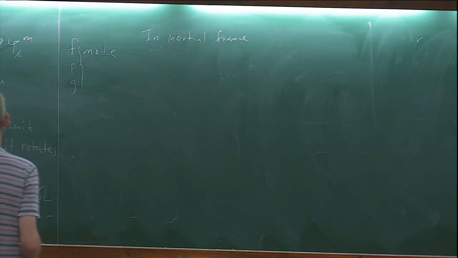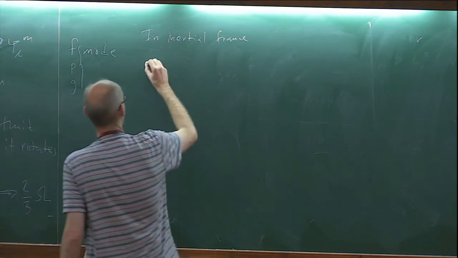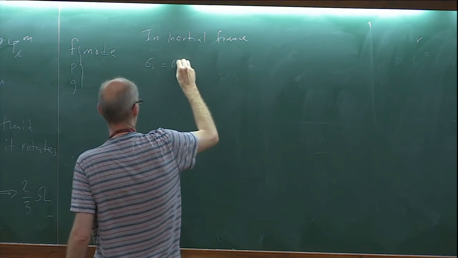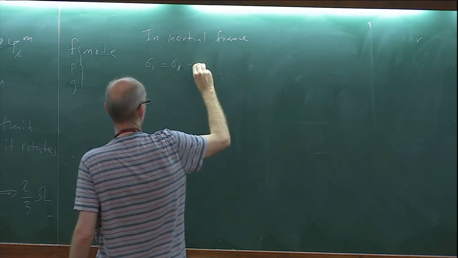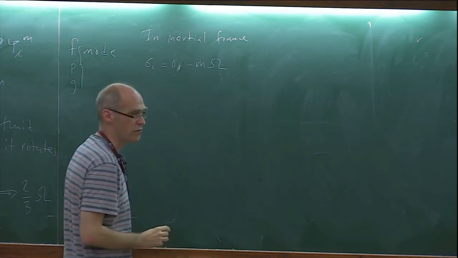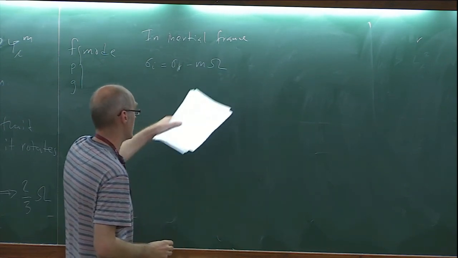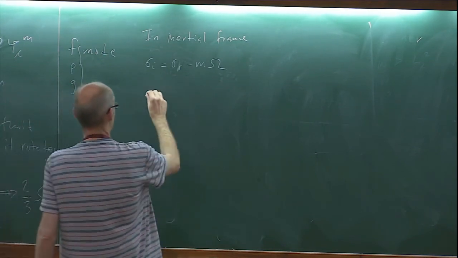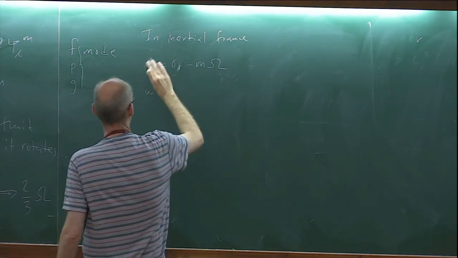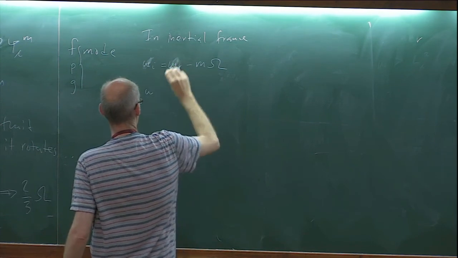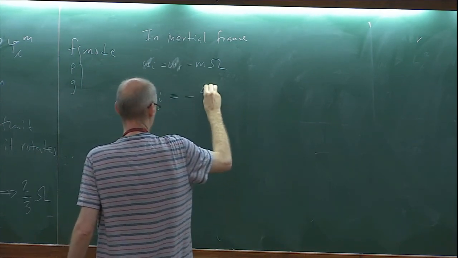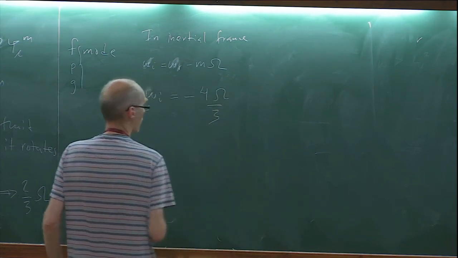And that means that I have then sigma inertial is sigma rotational minus, depending on your conventions. So that means I need to subtract for the quadrupole 2 omega from this. That means suddenly I have the sigma I is minus 4/3 omega.